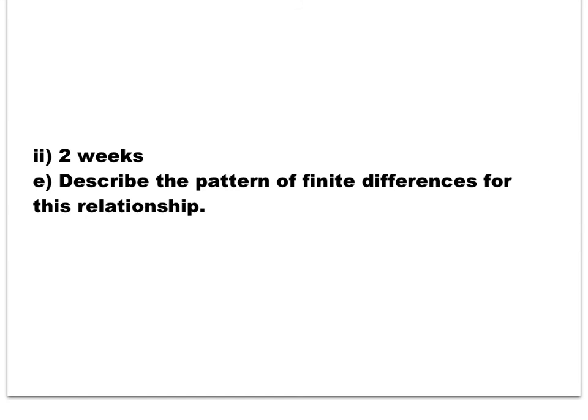The next one says find the number after 2 weeks, so we're going to say p is equal to 100 times 3 exponent d. d is 2 weeks, which is 14 days. If we use the calculator, we will find that this is 478,296,900.